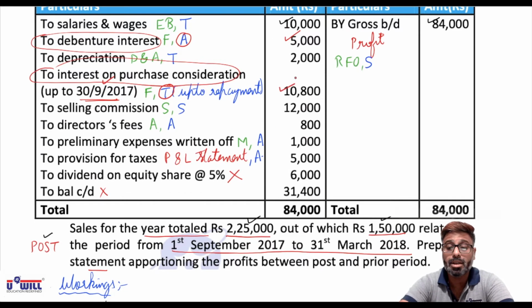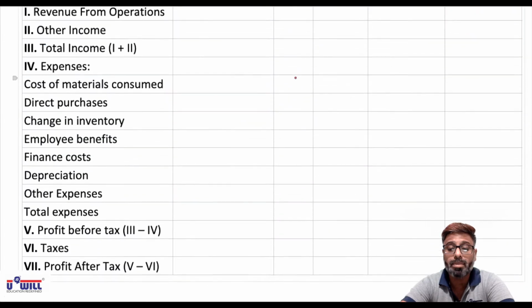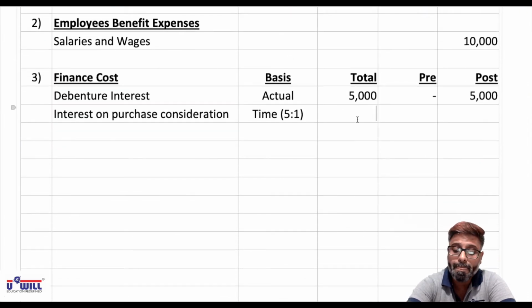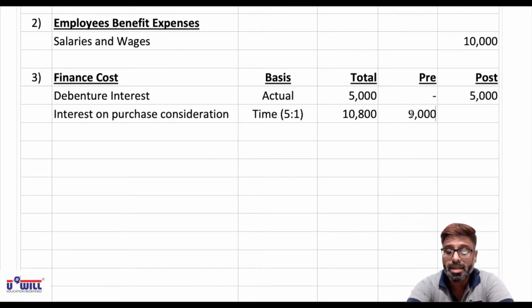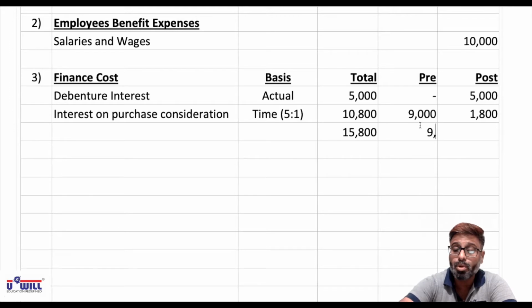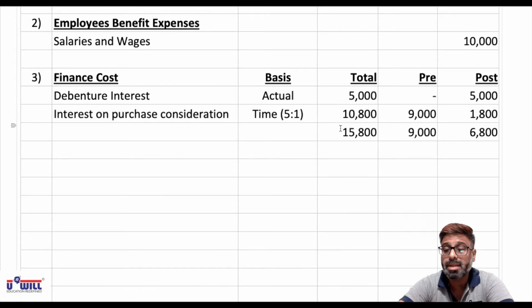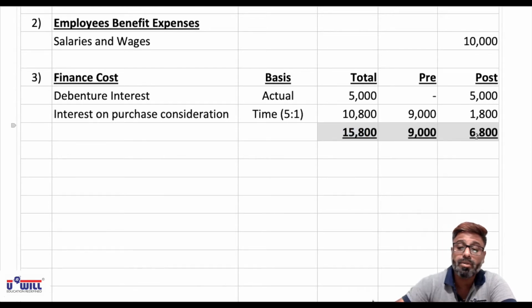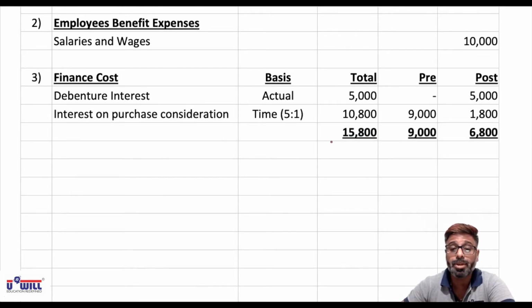So in the total column, 10,800. Now 5:1, so 10,800 into 5/6 is 9,000, and 10,800 into 1/6 is 1,800. Total amount 15,800, pre 9,000, post 6,800. This will help us in making the format of the P&L account later on.